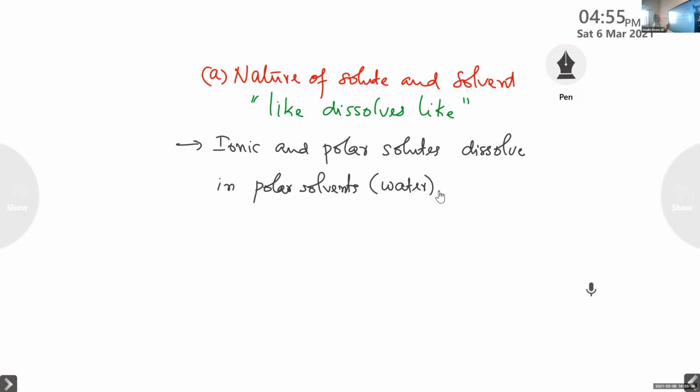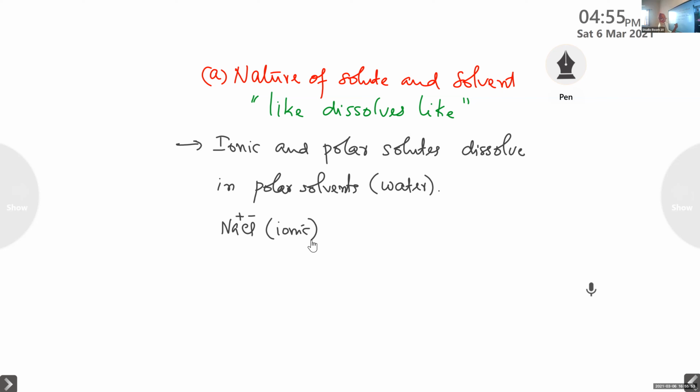For example, sodium chloride, Na plus Cl minus, is ionic. Sodium chloride, potassium chloride, magnesium sulfate, etc. are ionic.